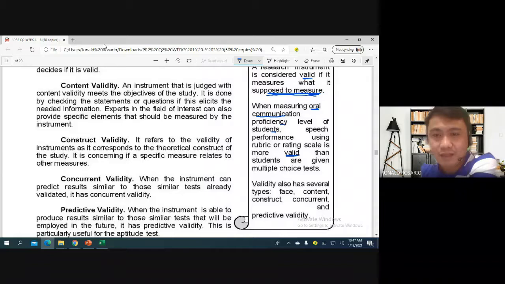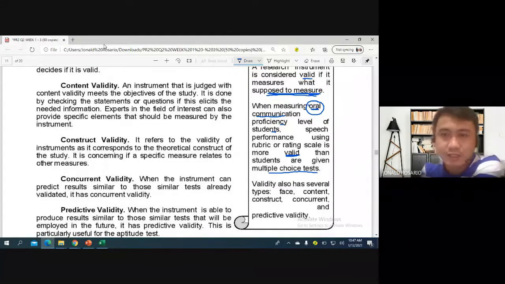Then, students are given multiple choice tests. Kasi nga, we are measuring oral. Kung ginamit mo itong multiple choice test, hindi na siya oral. Paano mo matetest yung oral communication proficiency level? So, ang gagamitin natin is speech performance using rubric or rating scale.